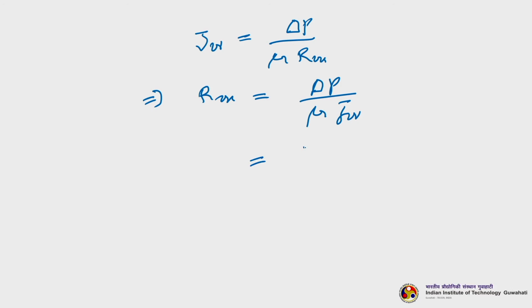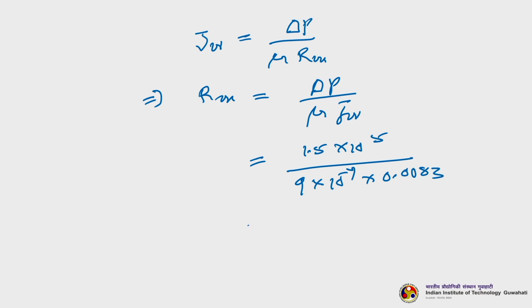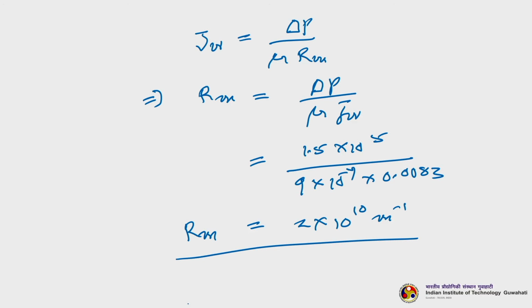So, substitute: 1.5 into 10 power of 5 is delta P, mu equals 9 into 10 power of minus 4, Jw equals 0.0083. So, here Rm, the resistance to flow offered by the membrane, has been calculated to be 2 into 10 power of 10 meter inverse. So, this is the resistance.